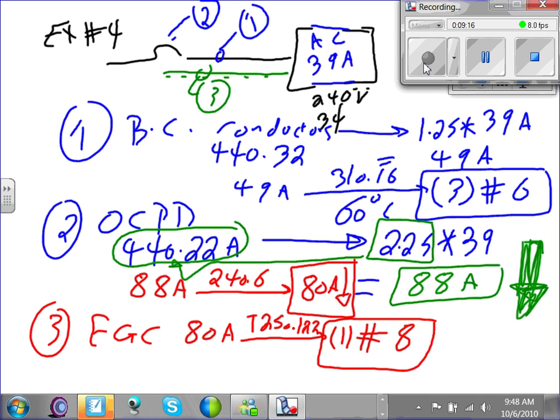Had this number ended up being number 4, then you can stay where you are if you want to, but you can go and match it to the phase conductors. Okay, can you guys write yourself a note here? Equipment grounding conductor equal or less than branch circuit conductor. It doesn't have to be higher than the branch circuit conductor, and the reason why they do this, guys, is because you could end up higher.